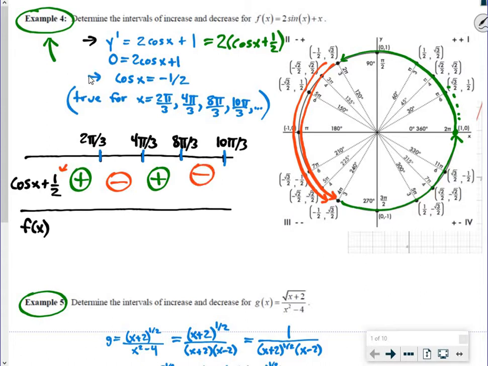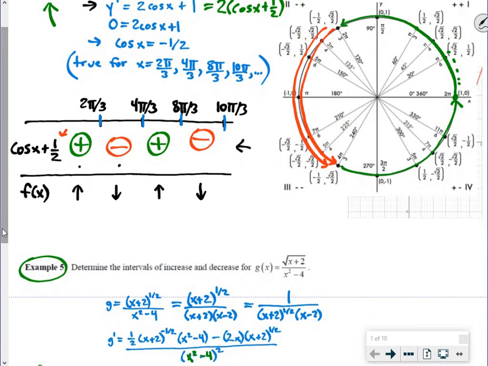So that's the derivative, right? So slope is positive here, then it goes negative. So if we're going from a positive to a negative slope, there's going to be something interesting happening there. So the function is increasing there, and then it's decreasing. And then it's increasing again, and then it's decreasing.